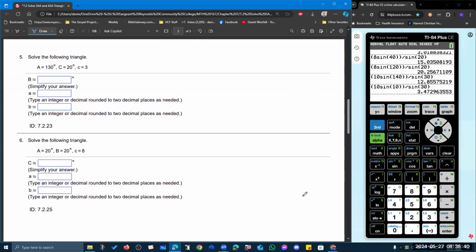So that's the relationship that's there with the law of sines. Let's keep going here. Angle A we'll put up here is 130 degrees, and angle C is 20 degrees, and side C is 3, meaning this is B, this is A. So 150, this is going to be 30 degrees. This left over here to give us 180 degrees.